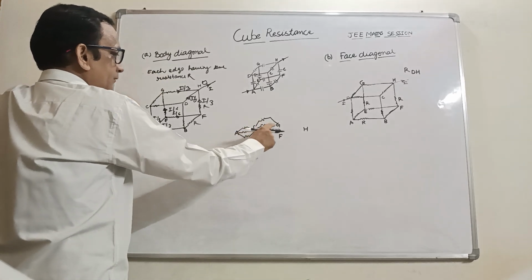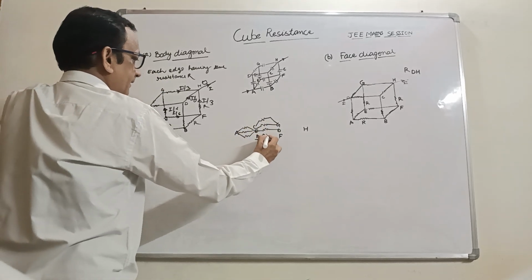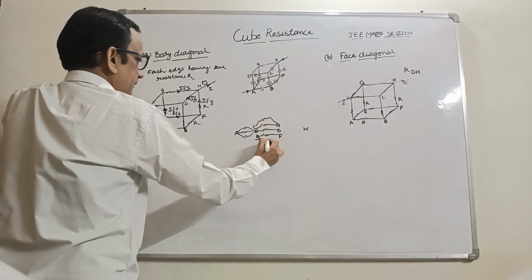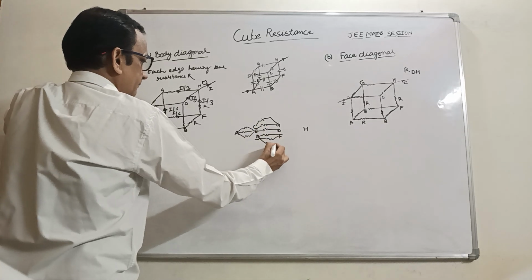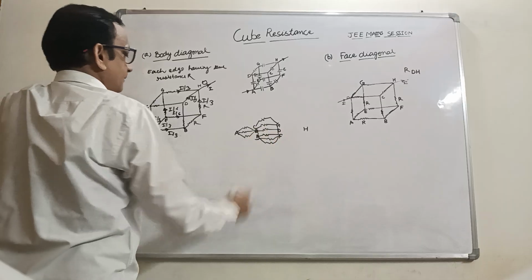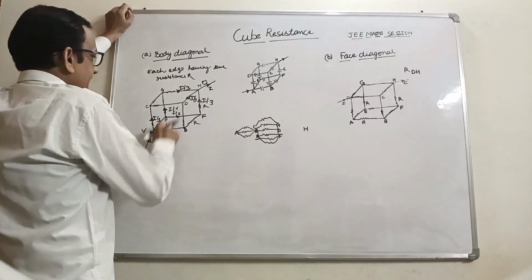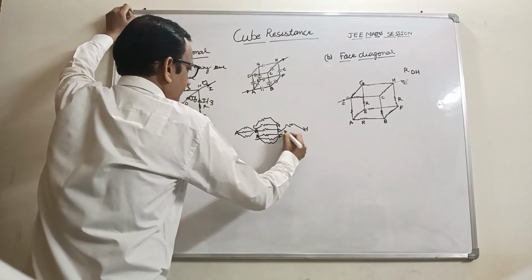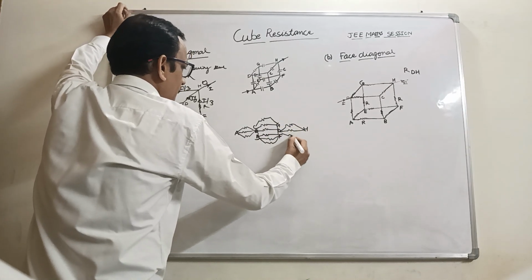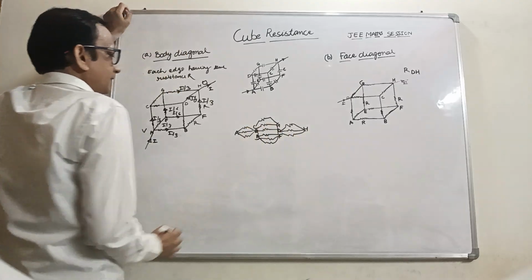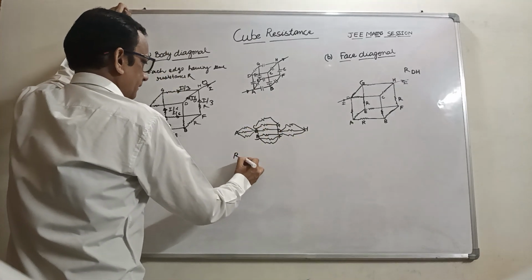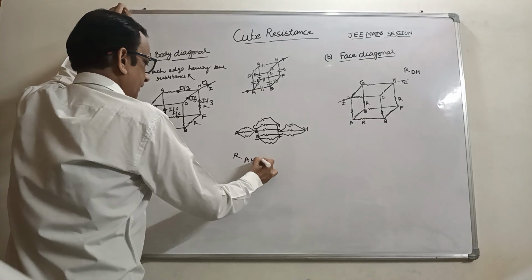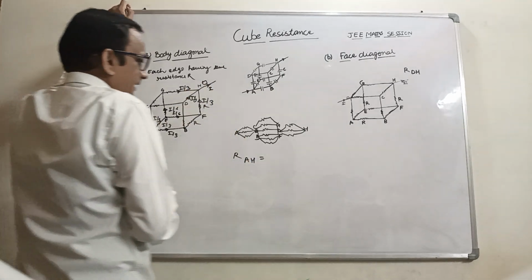For a single point, 2 points are connected in parallel, so these are in parallel, and similarly these three are in parallel. This is the resistance R_AH across the body diagonal.